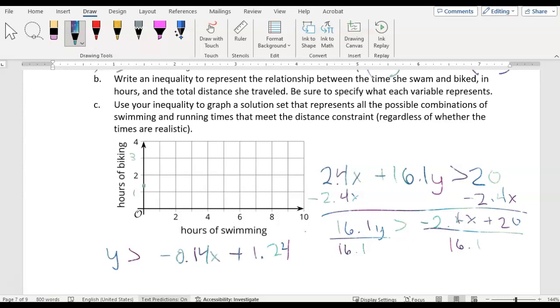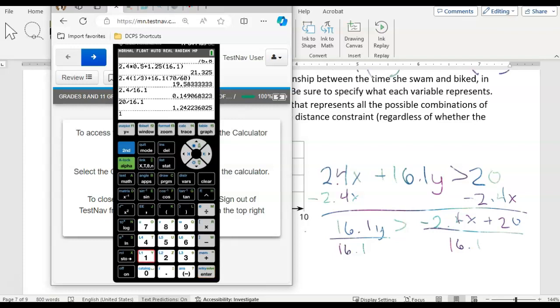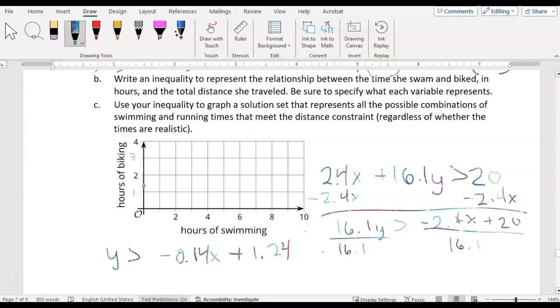And then that also means that when y is 0, x would be 1.24 divided by 0.14. So let's see, 1.24 divided by 0.14 is 8.87. So that would be about here.